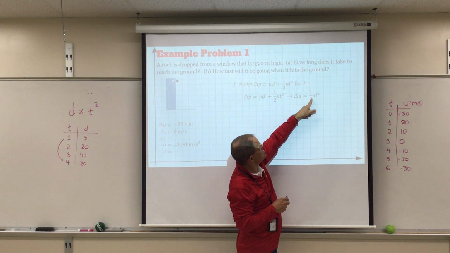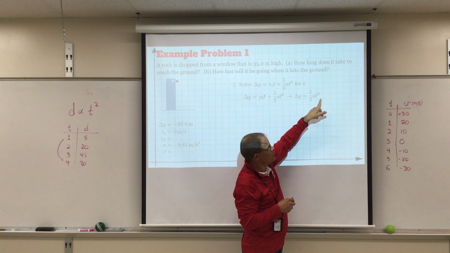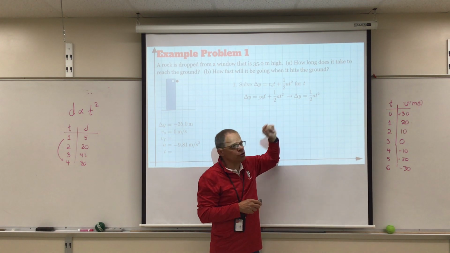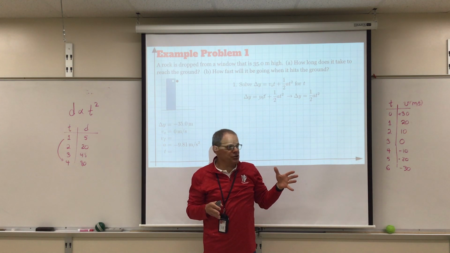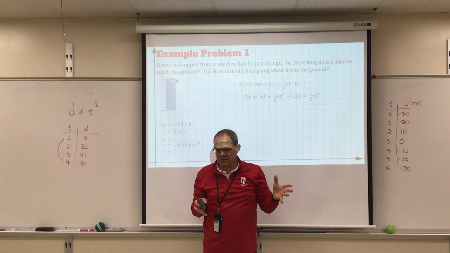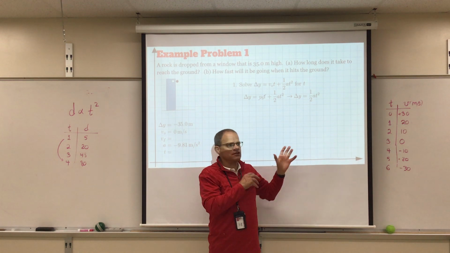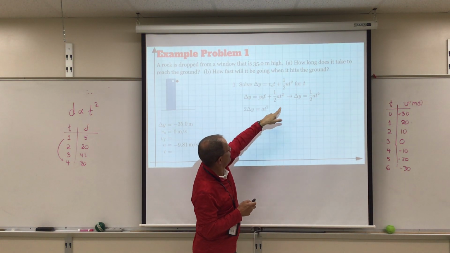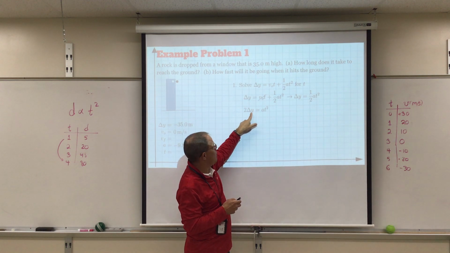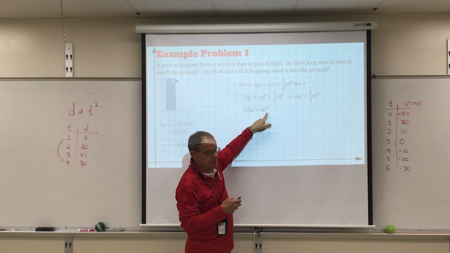If I want to solve this equation for t, the first thing I would do is multiply both sides by 2. You can divide both sides by 2, but you're going to end up with a compound fraction mess. The easiest thing to do is to clear the fraction. So multiply both sides by 2, and you'll have 2 delta y equals a t squared.